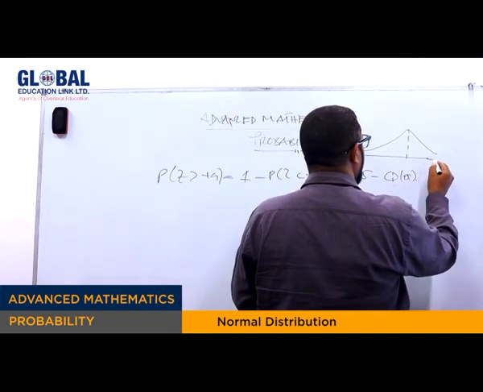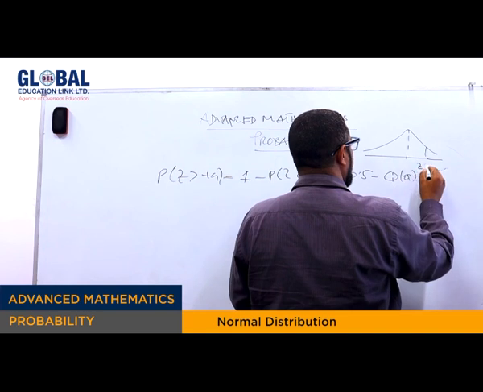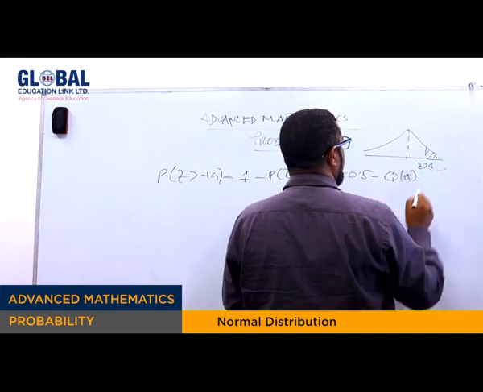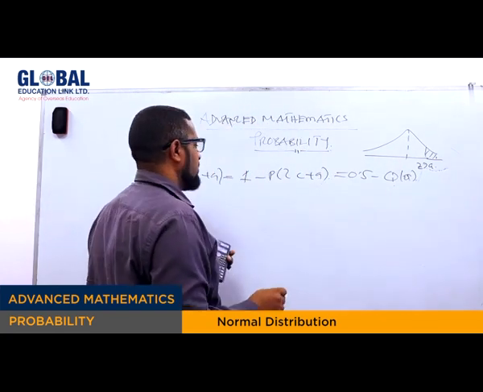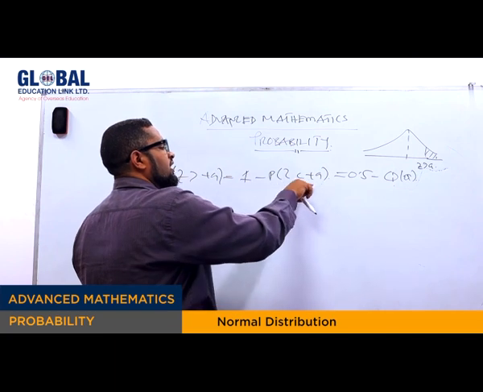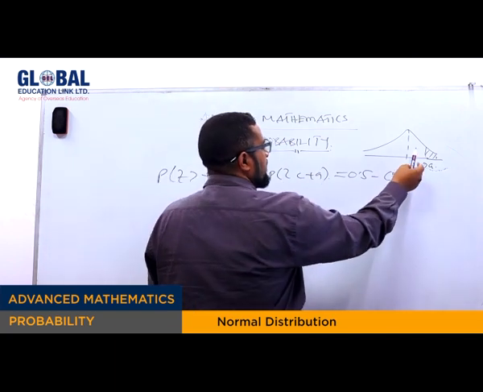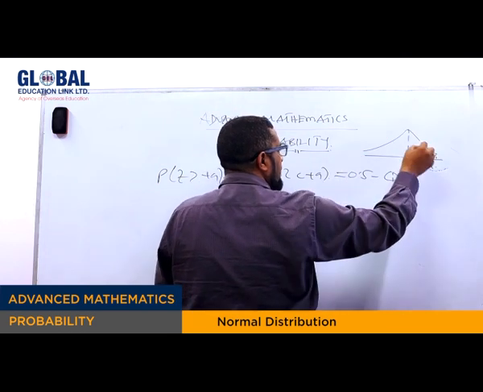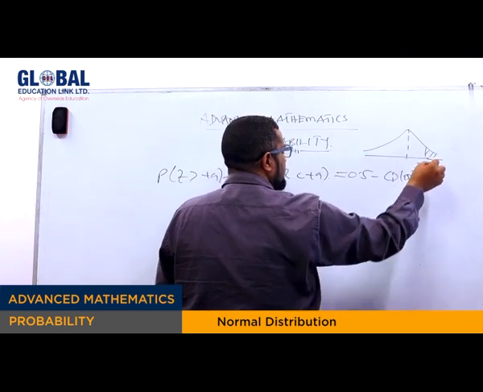So if we take z greater than positive a, it means this region. That's why I'm saying you can use 1 minus probability of z less than or equal to a. It means 1 is all of this minus only this part.